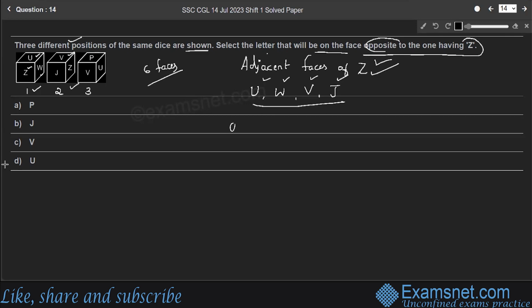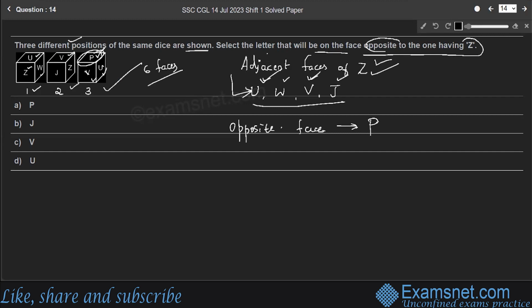Therefore, for the opposite face, look at the third position of the dice, in which the faces are V, U and P, right? Here V and U are adjacent faces of Z. Only the remaining face is P. Therefore, the opposite face of Z is P. I'll repeat once again.